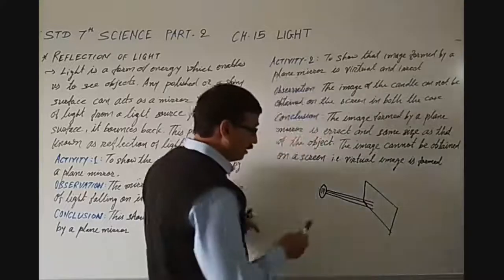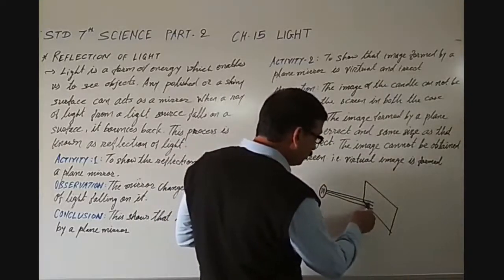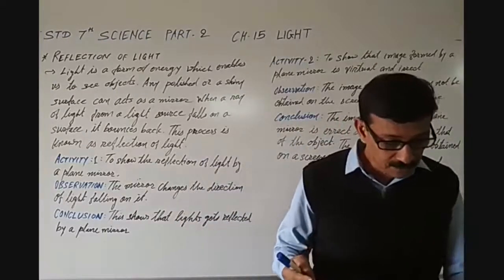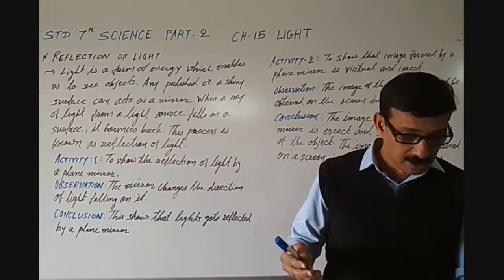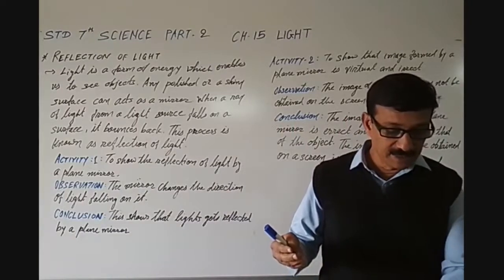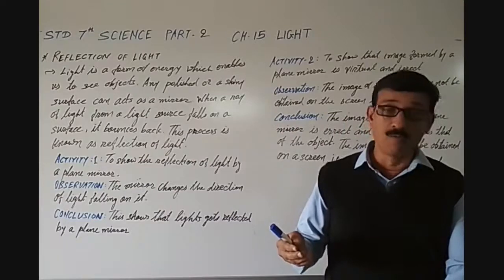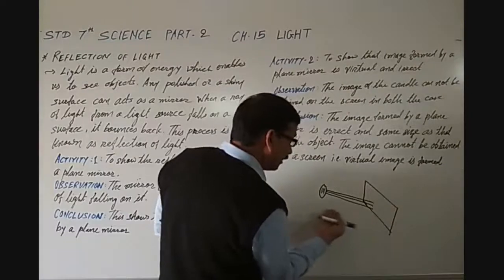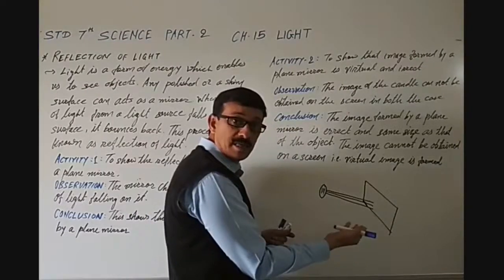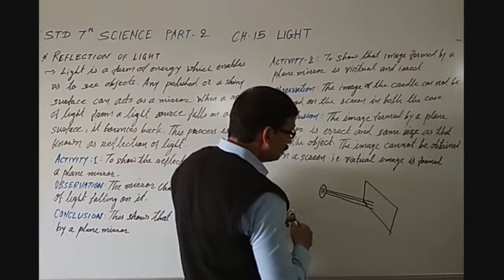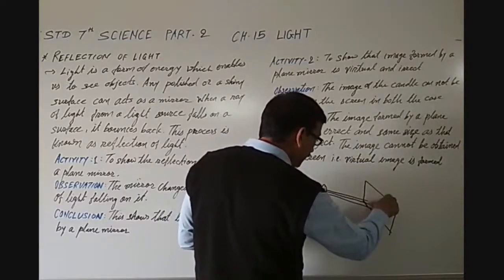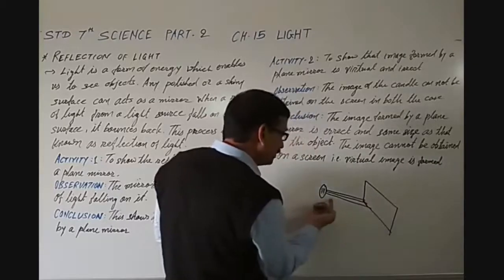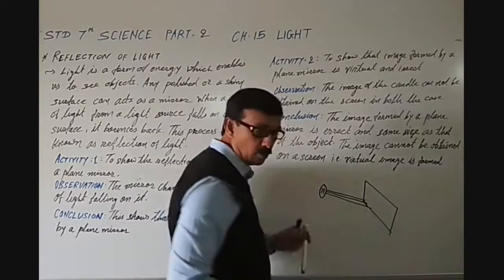Actually, it should come up to this part only, in such a way that the light is seen along the chart paper on the board. So light should be seen. Suppose there is a chart paper here, but we should see the light along the chart paper also.